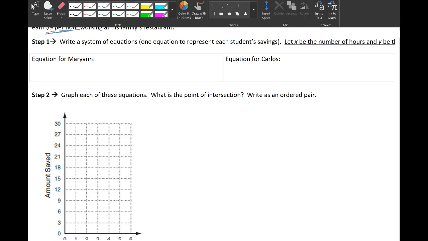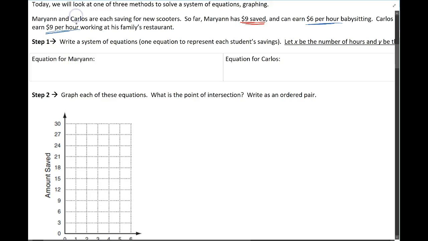So let's write these equations. Equation for Marianne. Hopefully you were able to come up with y is equal to, or the cost is equal to, $9 that she has saved in addition to $6 per hour. So in order to make sure this is in a nice slope-intercept form, I'm going to say 6x for $6 per hour plus the 9 that she initially has.